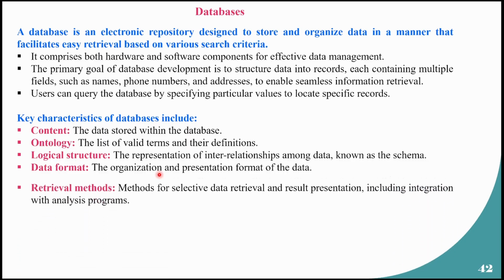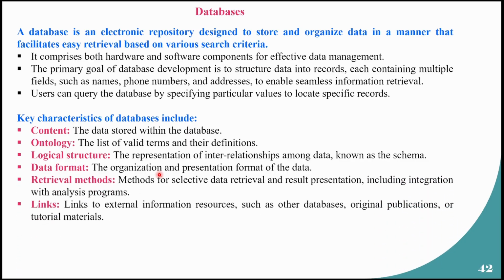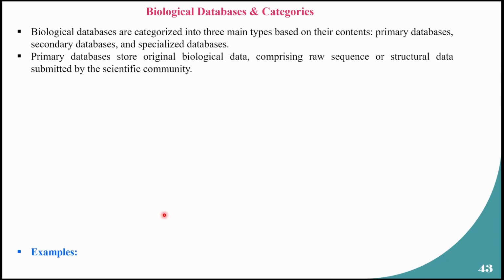And then you have the format of the data, you have the retrieval methods, and you have links, of course. So links are the links to external resources, which are supporting certain parts of what is there in this particular data point. It could be publications, it could be tutorial materials, it could be links to other databases also. So that is what a database broadly is.